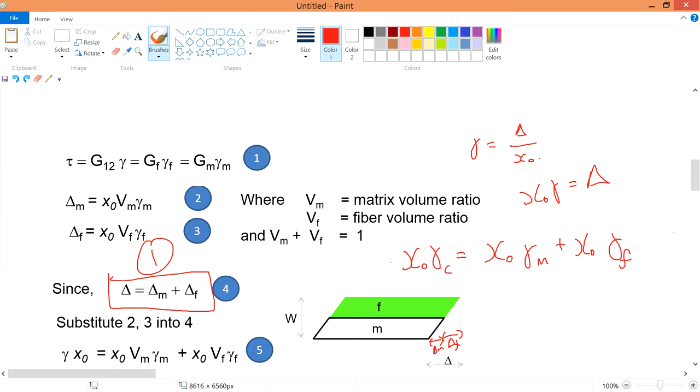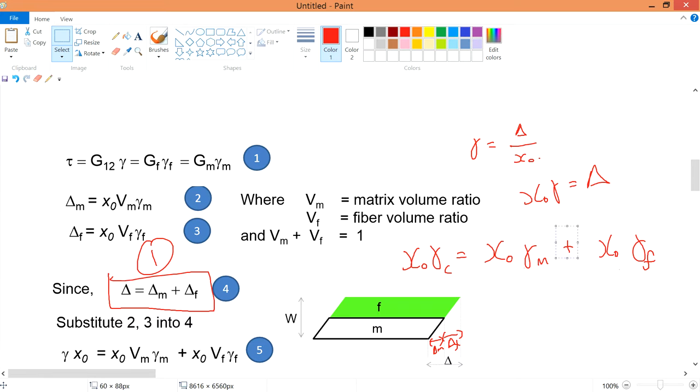Now this is something plus something equals something. This makes sense, as a certain percentage amount plus a certain percentage amount will give you the full 100% of the composite, because the fiber plus the matrix will give you the full composite. Therefore in this case we will require a ratio, and this is where the ratio comes in.